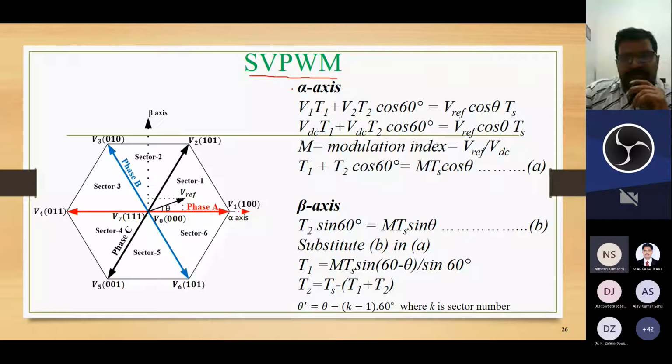In third harmonic injection, a value K times the third harmonic has to be injected to get better operation of the inverter. For example, we multiply K into sine of 3 omega t.